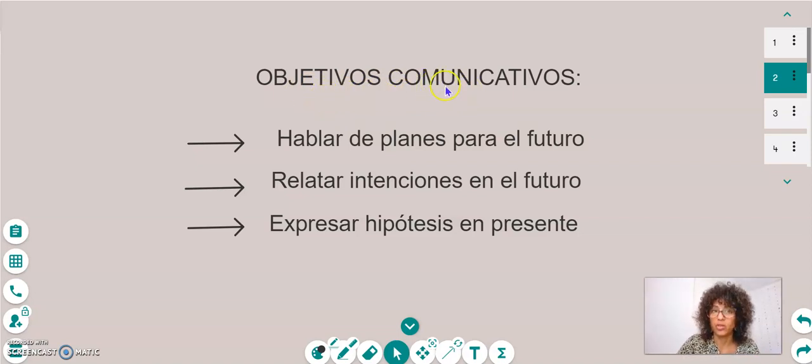So this is what is written here. I also detail what they are going to cover in the two communication goals. What is written here is to talk about plans in the future, talk about intentions in the future, and also hypothetical situations that can happen in the future.